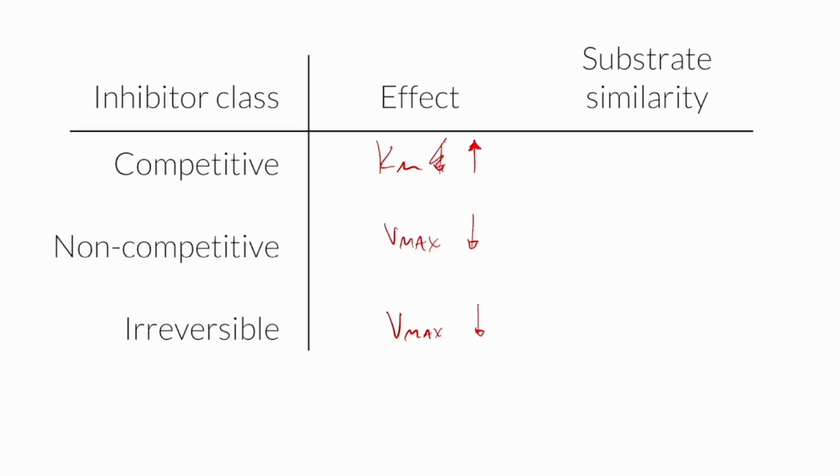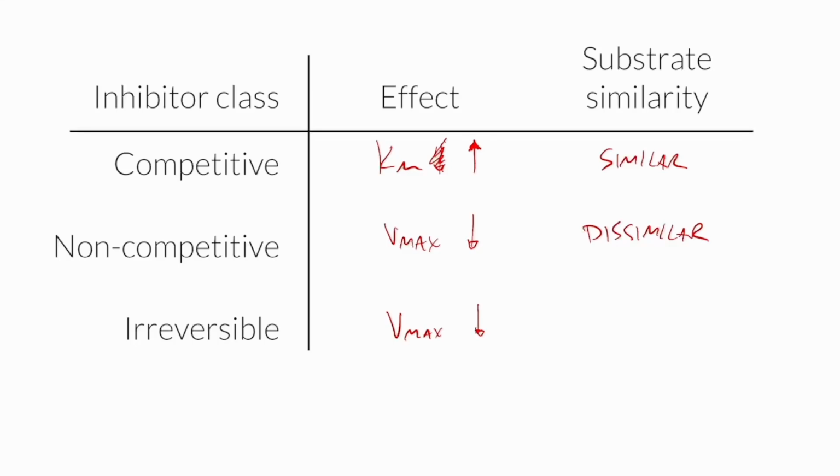There are some general rules. These aren't fixed exactly, but general rules would be that competitive inhibitors are similar to the substrate because they bind at the same binding site. Non-competitive inhibitors are dissimilar because they bind away from the binding site.